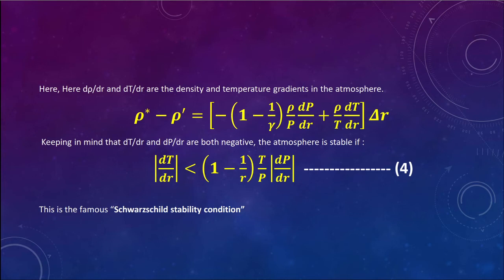This is known as the Schwarzschild stability condition, which is a very famous condition in astronomy, specifically speaking in stellar astrophysics. Next slide.